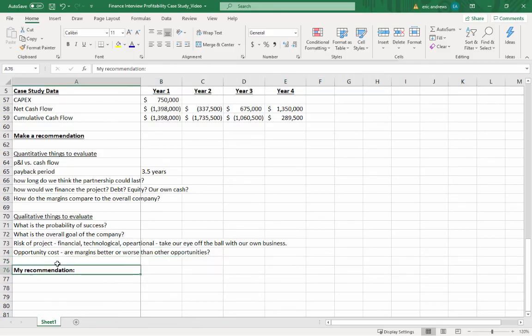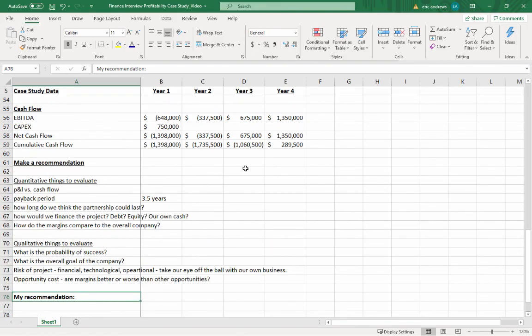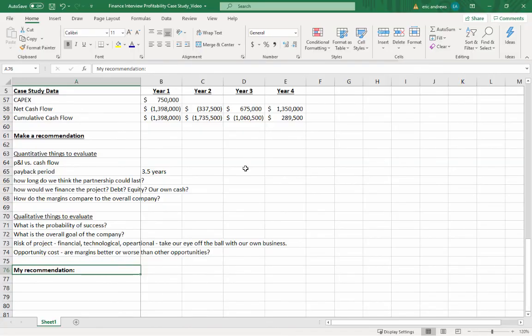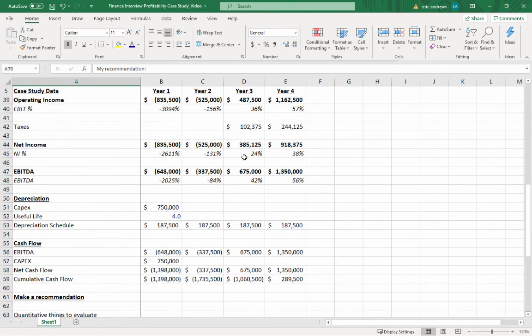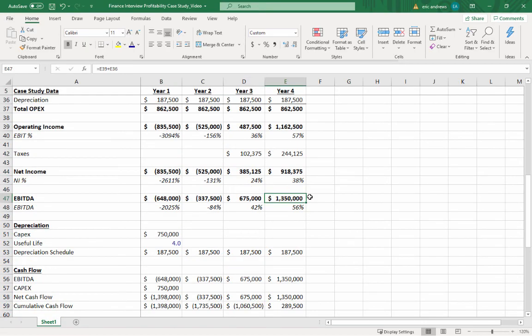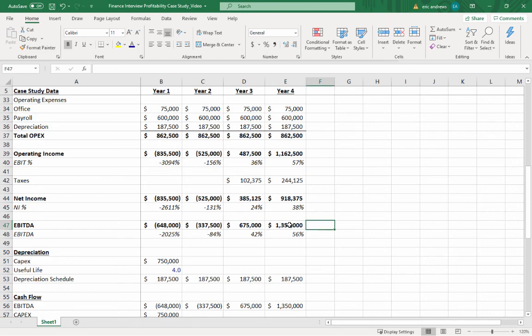So my overall recommendation, of course you'd have to ask your interviewer about this stuff, is that the financial profile is very appealing. So as long as this poses no strategic risks to the company, I would go for it. Because if you look at the EBITDA, a lot of these companies are valued on their EBITDA. Let's say a software company could be valued at 50 times their EBITDA.